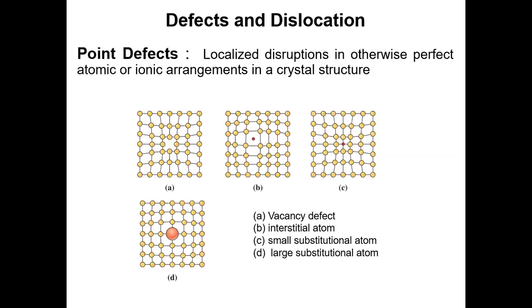One we call a vacancy defect. We'll go one by one. The second one we call interstitial defect or interstitial atom. The third one we call a small substitutional atom. The fourth one we call the large substitutional atom.